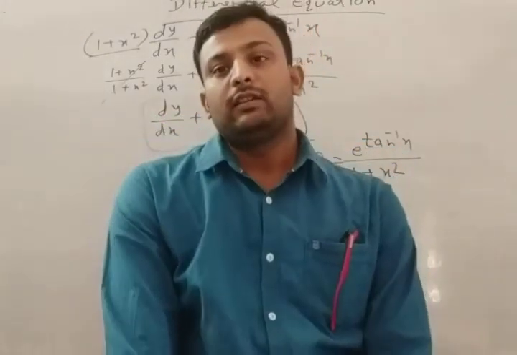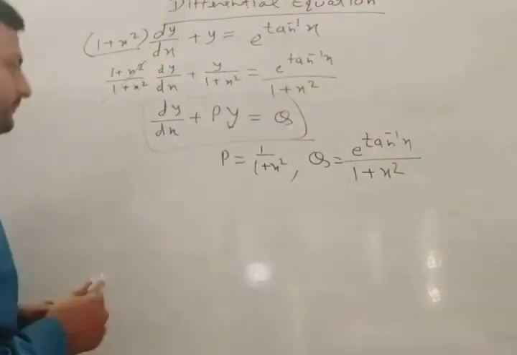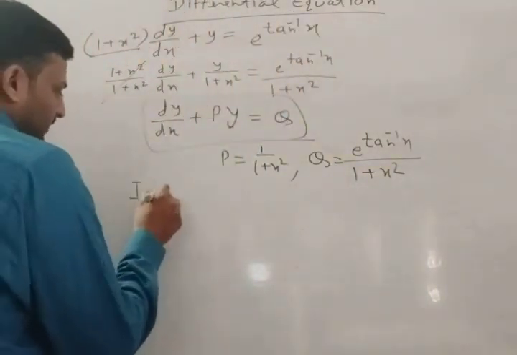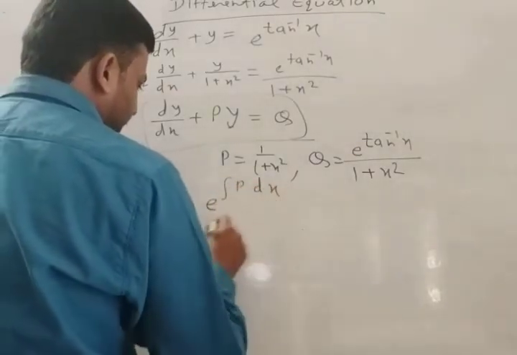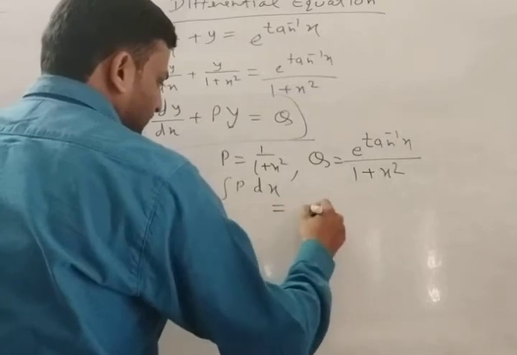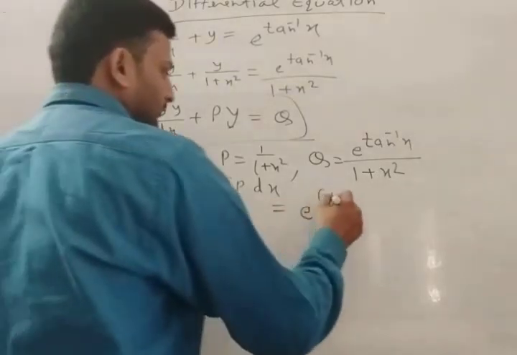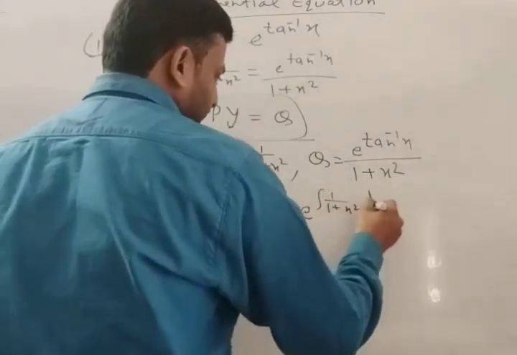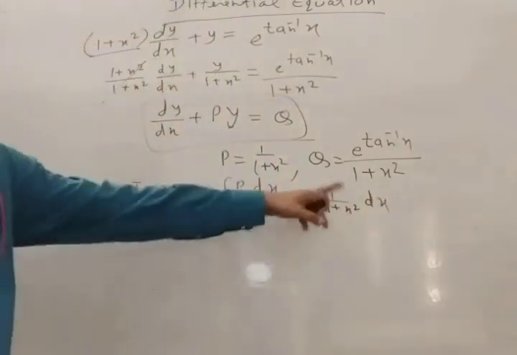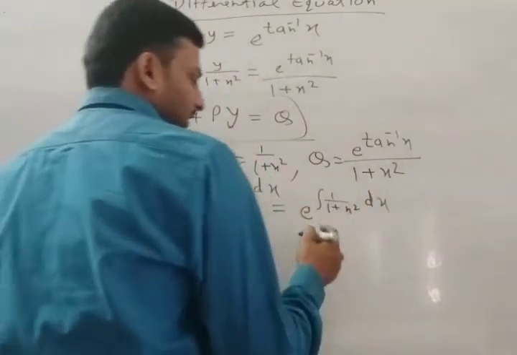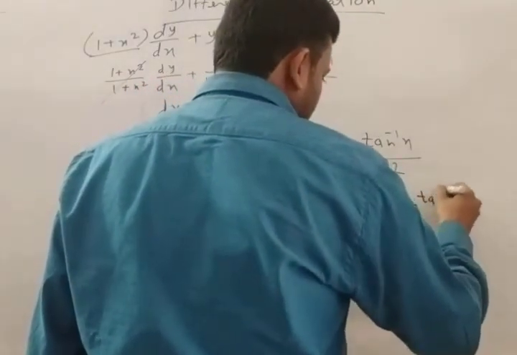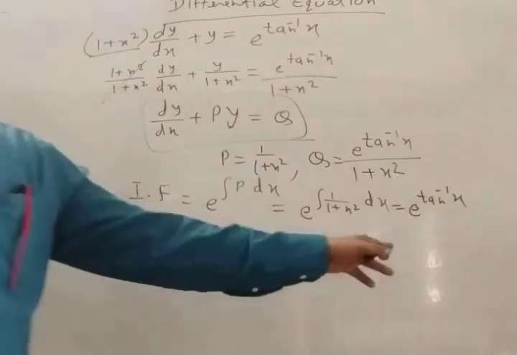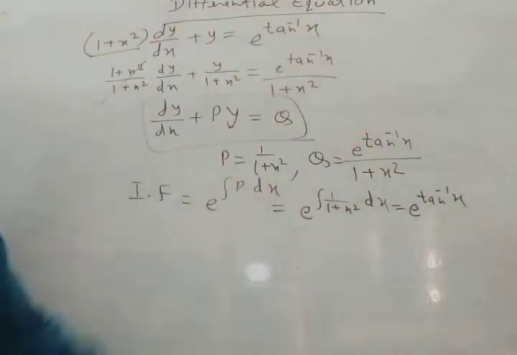Let us find the integrating factor first. It will be e to the power integral of p dx, and our p is 1 by 1 plus x square dx, and this integration is tan inverse x. So the integrating factor is e to the power tan inverse x.